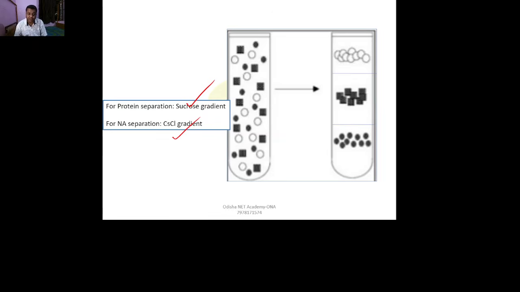That is important. Cesium chloride solution is important for separation of nucleic acid. Remember that DNA replication is semi-conservative in nature, which was proved by Meselson and Stahl with the help of this cesium chloride gradient, and at that time they had taken N15 and N14.